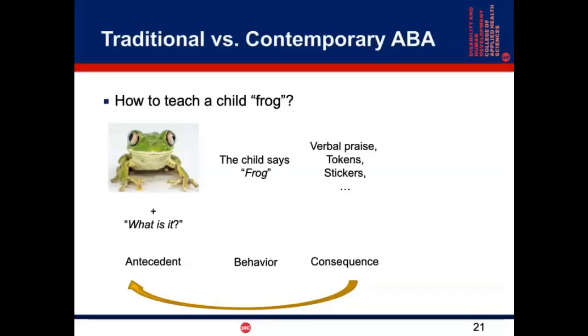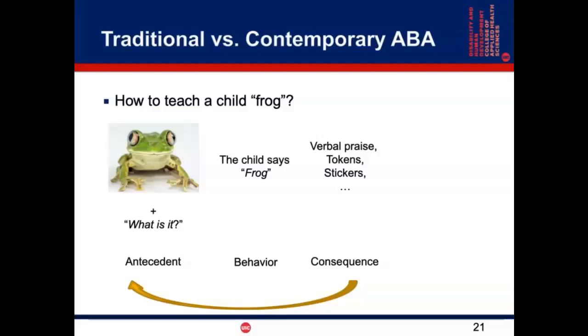On the left side, we have a picture of a frog, and maybe I'm teaching this to somebody that's never seen a frog before, a young child, somebody that's not had much experience with animals, and so I throw the flashcard up, I show it, and I say, hey, what is this? We might call that an antecedent, or this kind of prompt that we provide that we would hopefully result in evoking a response from the child.